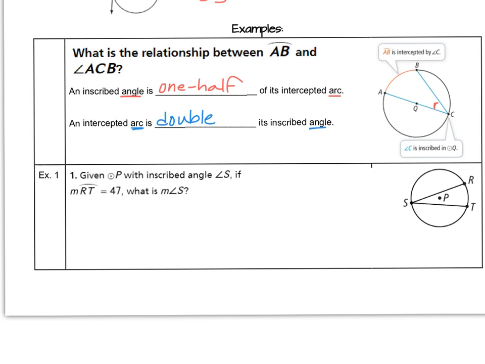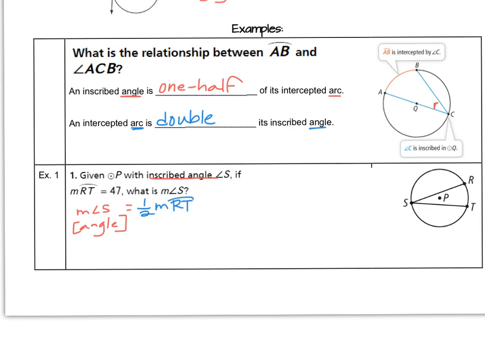So let's look at example 1 down below. Given circle P with inscribed angle S, let's go ahead and underline inscribed angle. If the measure of arc RT is 47, what is the measure of angle S? Well, if we take a look at our template up above, the measure of angle S is an angle rule, and angles are always half of their intercepted arcs.